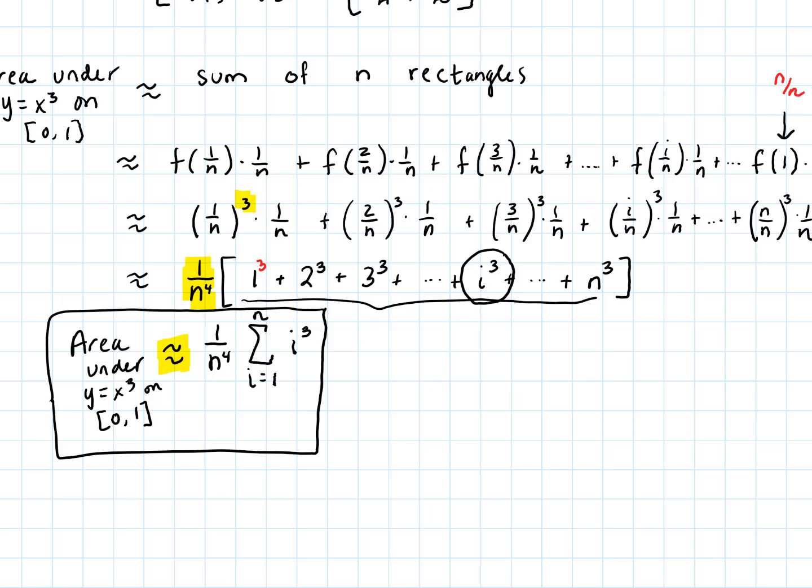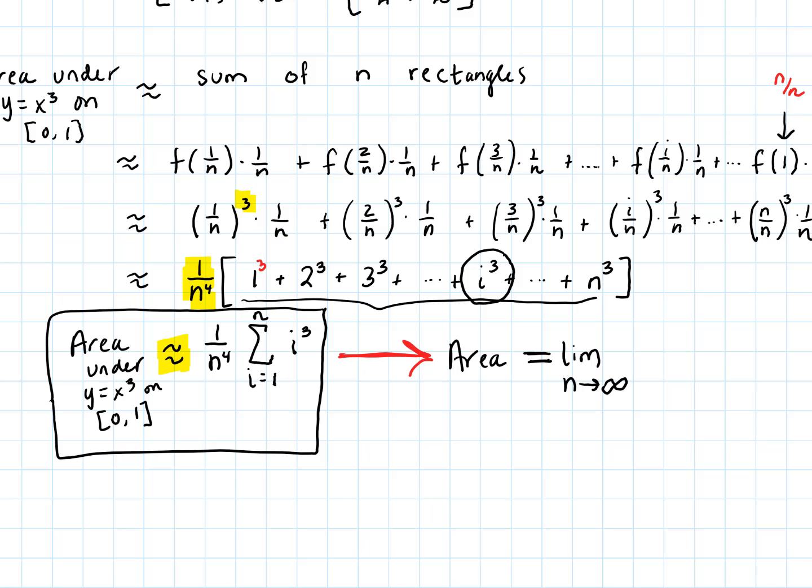As long as we have a finite number of rectangles, this is still an approximation. But what we can do is take the limit. So this is exciting because now we can say, you know what, the area is actually equal. Look, it changes from an approximation to an equals if we throw a limit on that.